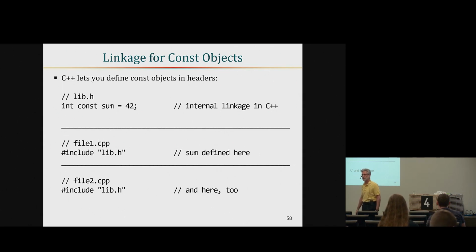Each translation unit has its own copy that nobody else can see. Now, in this case, they all have a copy of something with the same value, which is very useful. But the compiler can do all kinds of nice compile time analysis on it that it can't do as easily in C, because the linkage gets in the way.